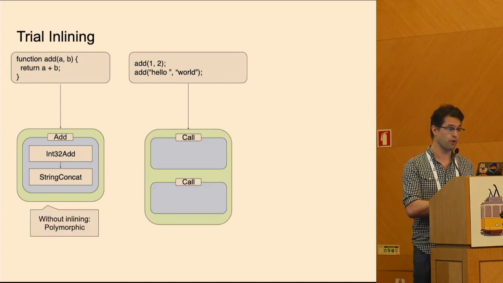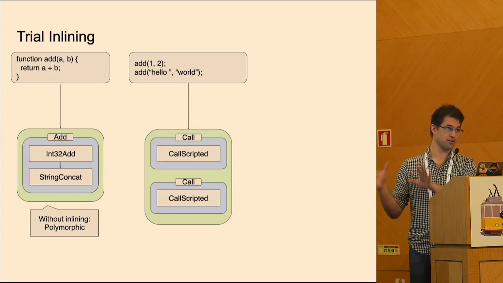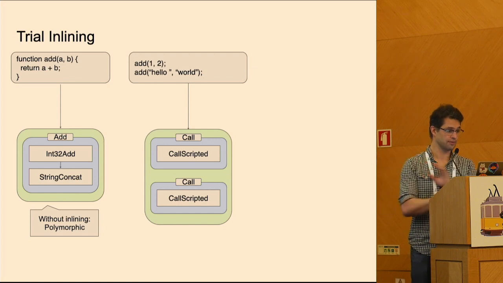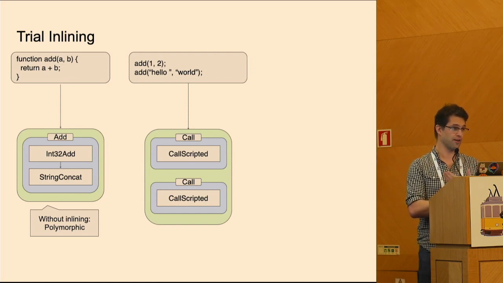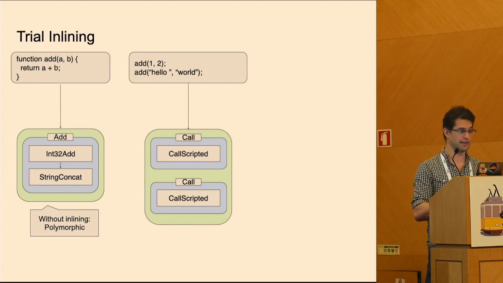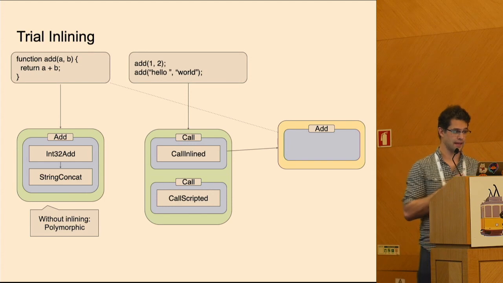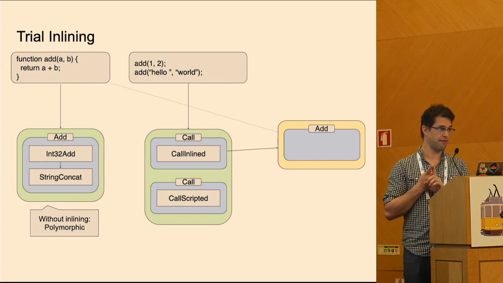To make it work, what we do is we start by having this version where we're doing two separate calls, and then partway through execution, we start doing our inlining. We make our tentative inlining decisions, and so we say, okay, in this case, I see that I have an IC with a single target, and I see that that target contains polymorphic ICs.